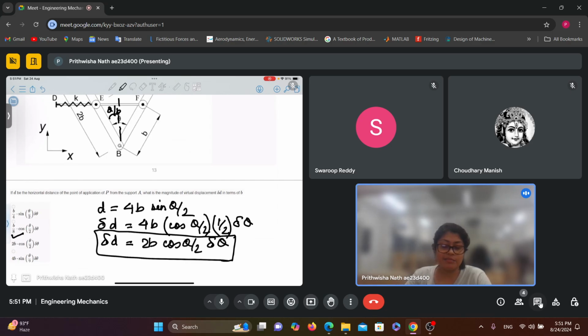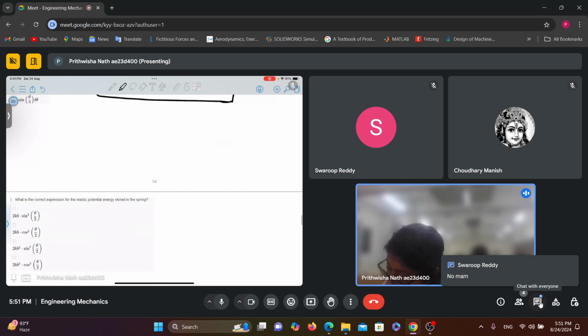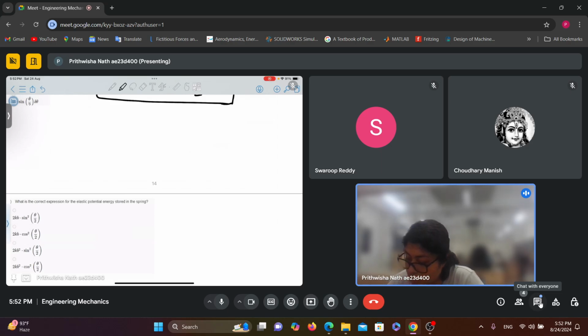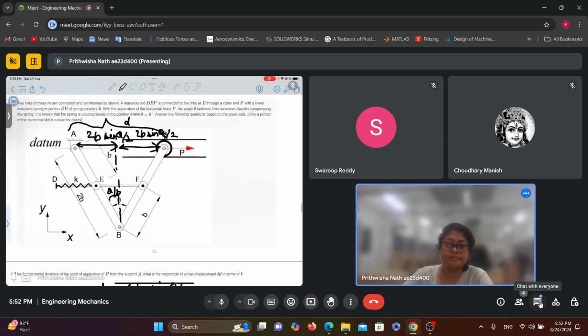Is there any doubt regarding this problem? Okay. So the next part. What is the correct expression for the elastic potential energy stored in the spring? It's very simple. Just you need to substitute for x in the expression for potential energy for a spring. Just look at the figure and you can do it. Just try solving this.